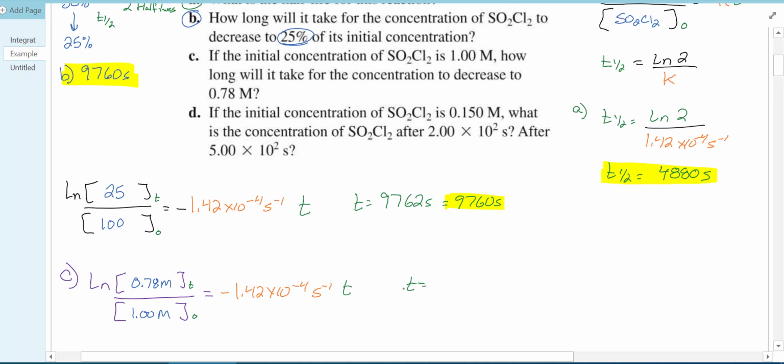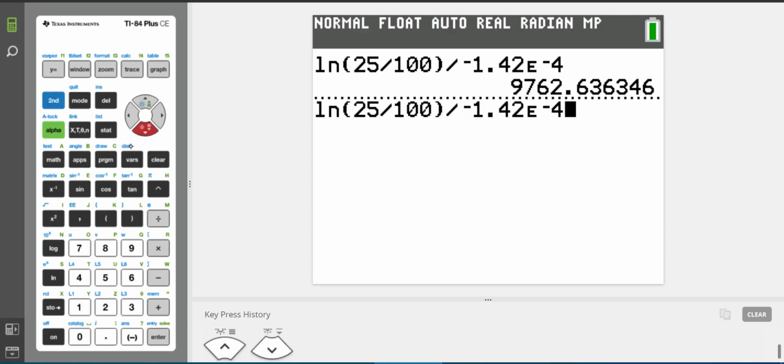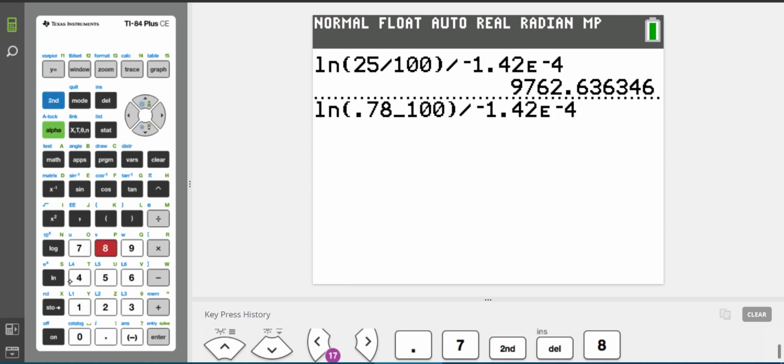So again, we can solve this the exact same way. In fact, what I would do is hit second enter. On my TI-83, if I hit up, it goes to the front. So the concentration was 0.78. I have to use second insert, 8 divided by 1.00.